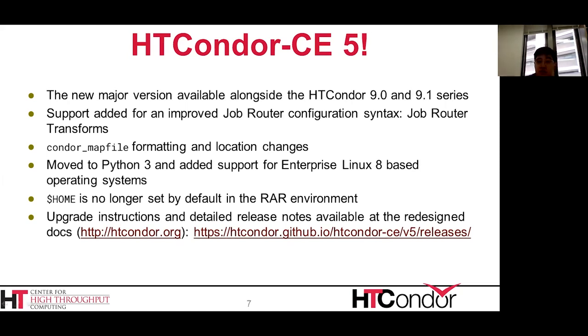We do have detailed upgrade instructions and release notes, and they're all available in a redesigned documentation area for HTCondor-CE. That should be htcondor-ce.org, or you can go directly to this GitHub Pages link that will bring you to the release notes and the upgrade instructions.